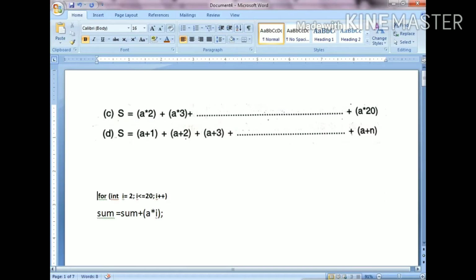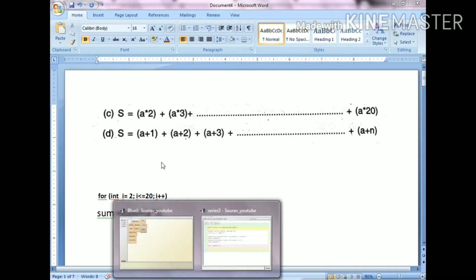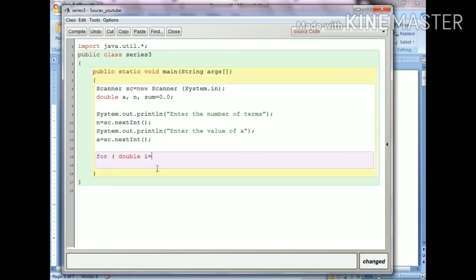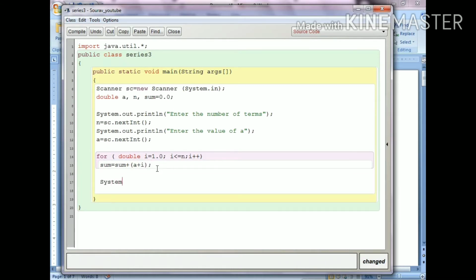So I write double I equals 1.0, I less than equals n, and I plus plus, and I write sum equals sum plus bracket a plus I. After this part just write system.out.println, sum of given series is sum.